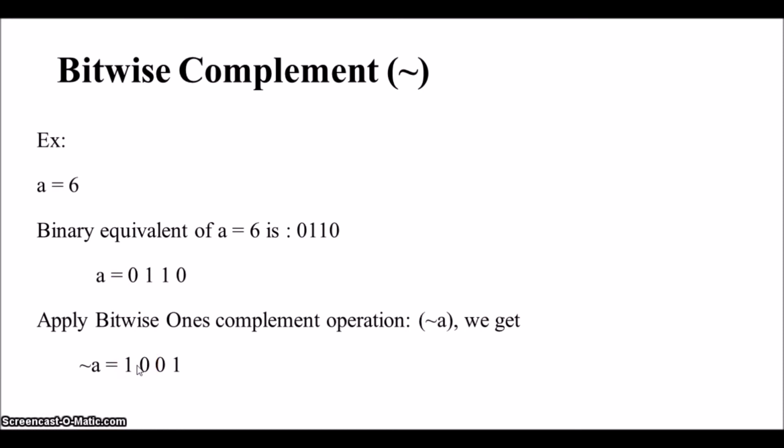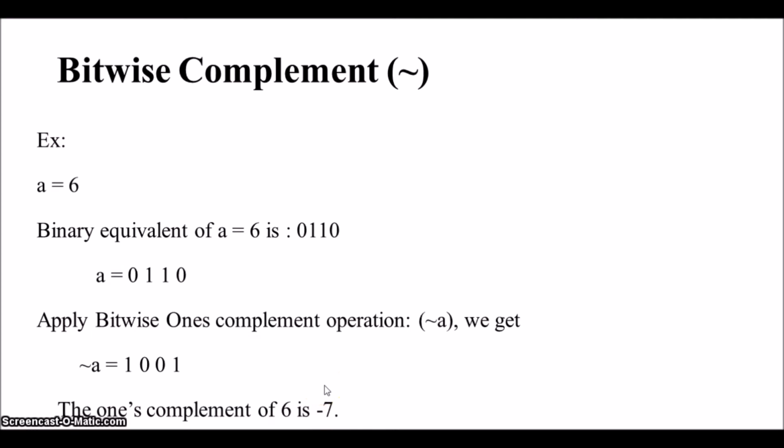Now the ones complement of 6 is equivalent to minus 7. How do we get this minus 7? Remember that last point: for any integer n, the bitwise complement of n will be minus of n plus 1. Here we have an integer n, that is 6, so the bitwise complement of 6 will be minus of 6 plus 1, that is nothing but minus 7.